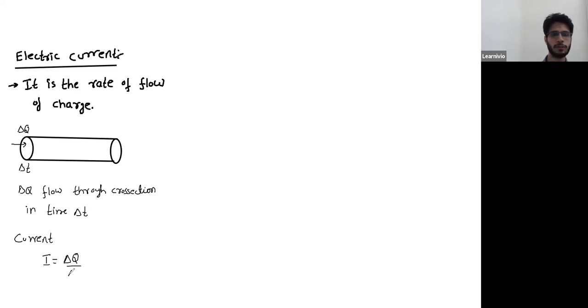So current is simply the ratio of delta Q and delta T.